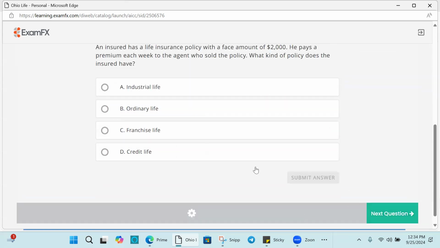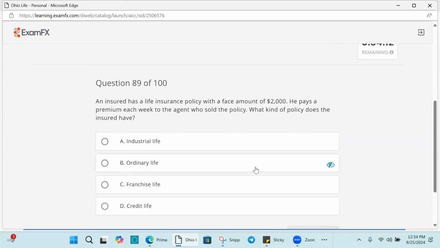An insured has a life insurance policy with a face amount of $2,000. He pays a premium each week to the agent who sold the policy. What kind of policy does this insured have? Is that credit life?